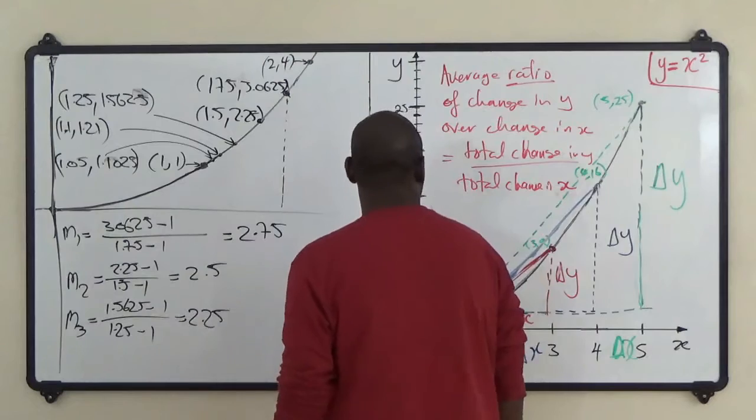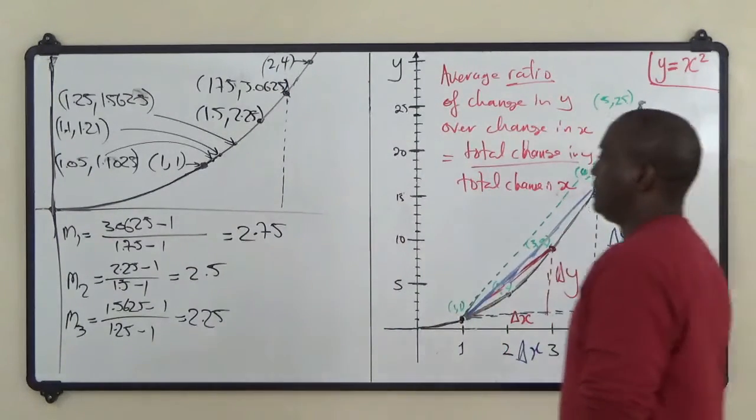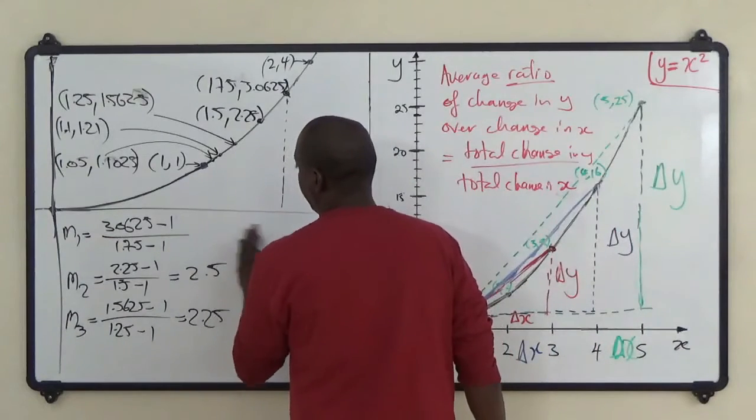So we see the gradient getting smaller. Should we keep some space here? Let me see if we could squeeze up on this side. All right.